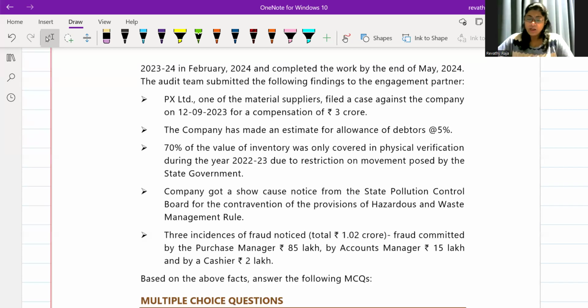Okay. PX, one of the suppliers, filed a case against the company for a compensation of 3 crores. In a case against the company, we call it as what? In SA language, auditing, accounting language, case filed against the company, you call it as litigation. In litigation, when you hear, there are 2 places which come to your mind.